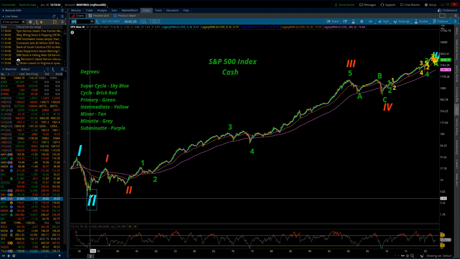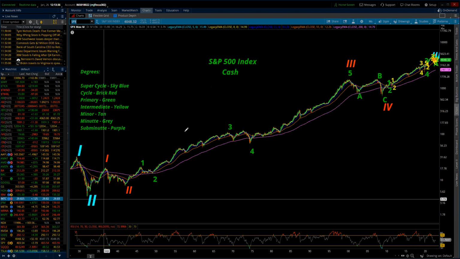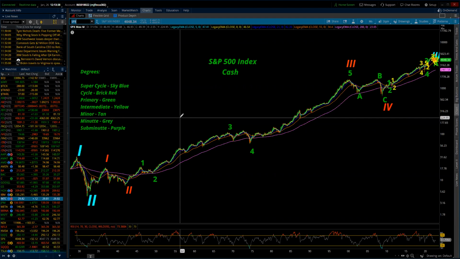Now, what I mean by that is that in an impulse move consisting of 5 waves, this is how he began to talk about the Elliott wave principle and how the market then starts to play out.